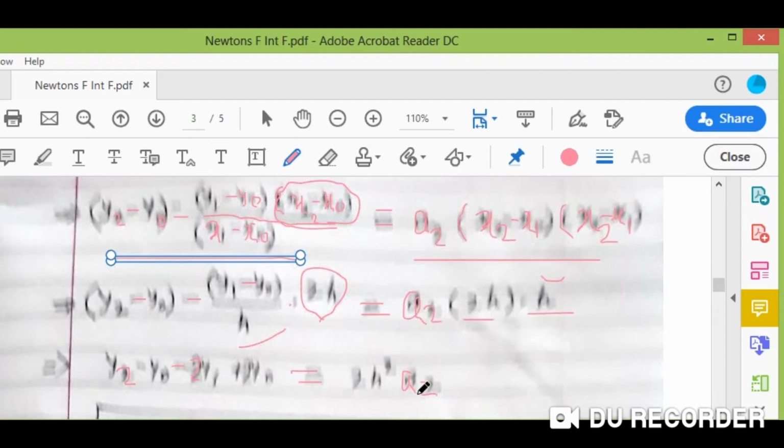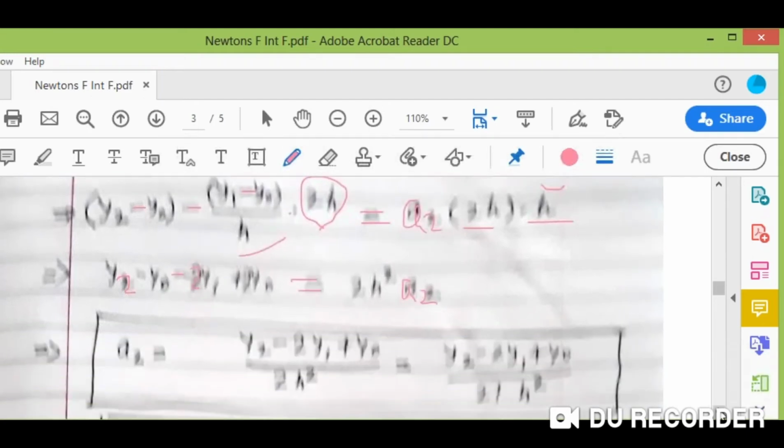This is 2h square here. 2h square is here, and one h goes from here, h. x2 minus x1 is h here, but there is some problem here. Anyway, you can check it in the writing.